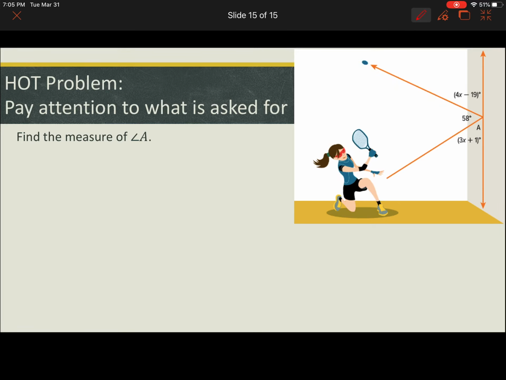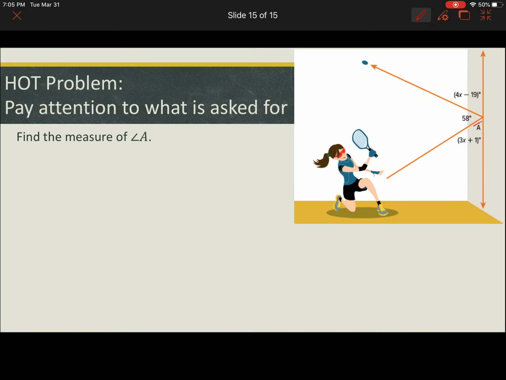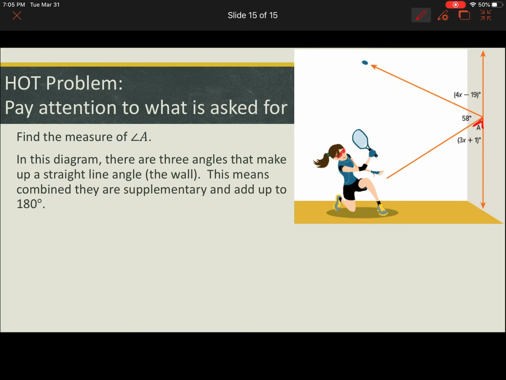Now I know because this is kind of small, it might be a little tough for you to see, but there's A right in there. Okay? So the angle that we're looking for is this one right in here. So we have to go with what we know first. So there are 3 angles.